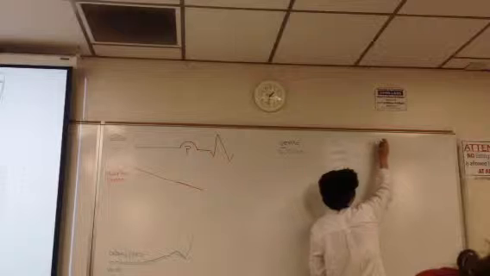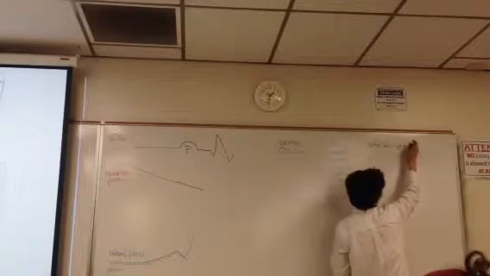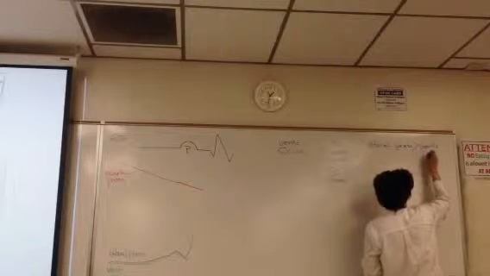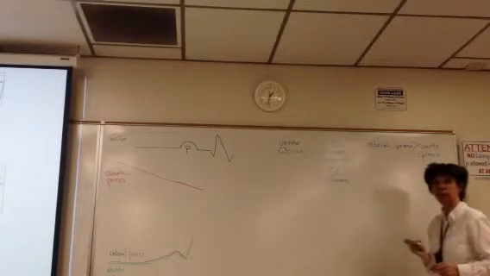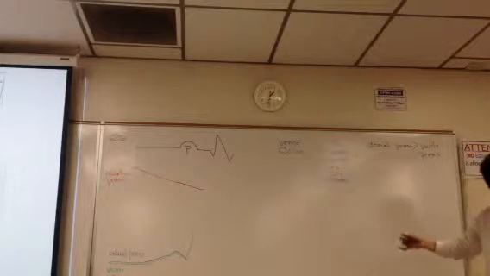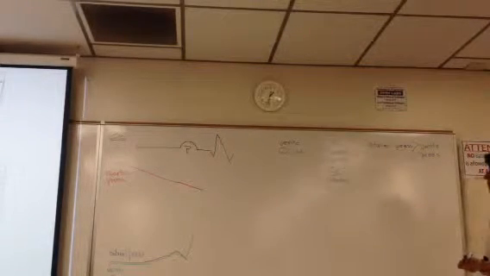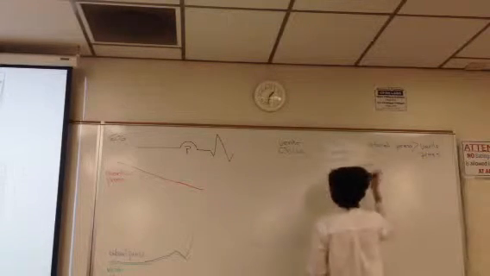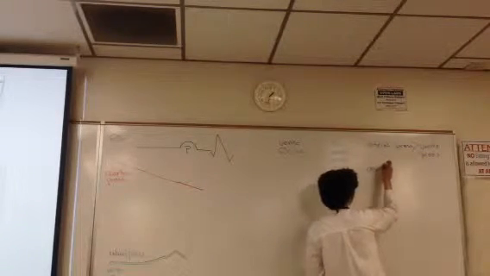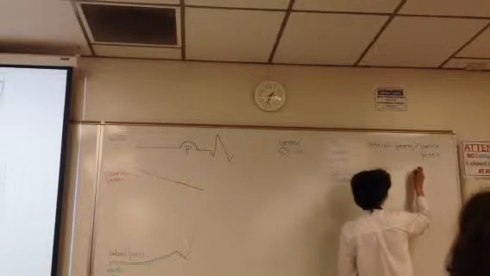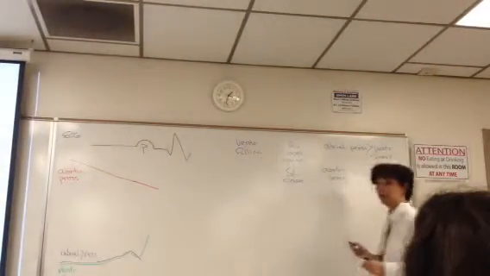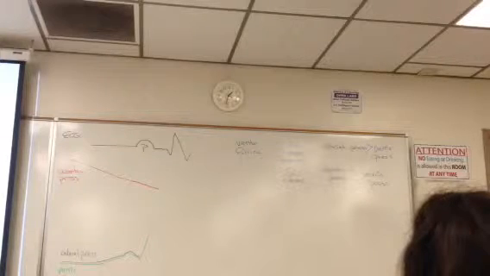Atrial pressure is greater than ventricular pressure. That's what's keeping the AV valves open. The semilunar valves are closed, and the reason they're closed is because aortic pressure is greater than ventricular pressure. Does that make sense?